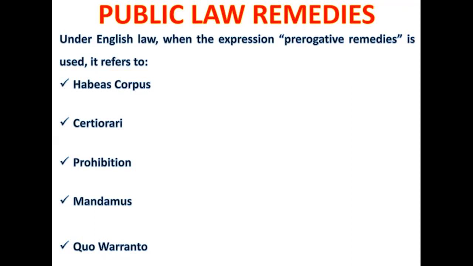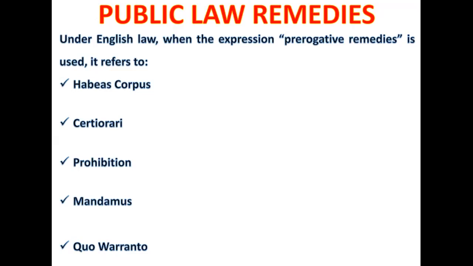They are therefore only available against public officials, statutory bodies, governmental agencies, as well as constitutional bodies. So when we say prerogative writs, we are referring to habeas corpus, certiorari, prohibition, mandamus, quo warranto, and like we said, these are strictly public law remedies and are not available in private litigation.